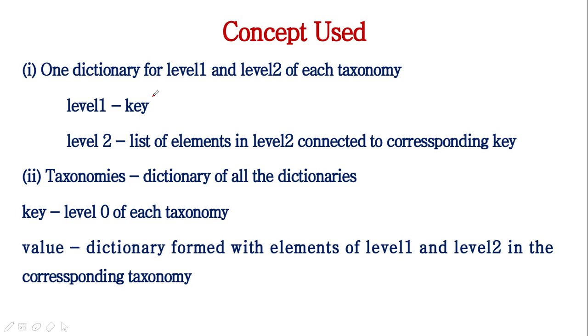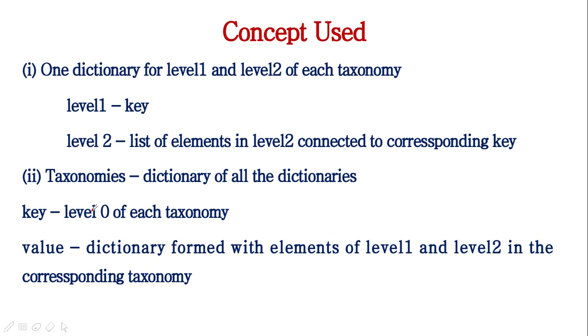Level 1 will be the key, and level 2 will be the list of elements connected to the corresponding key, right? So you will have a dictionary representing the level 1 and level 2 elements of each taxonomy, and then we are going to have a collection of taxonomies. So again we are going to have a dictionary, basically a dictionary of dictionaries.